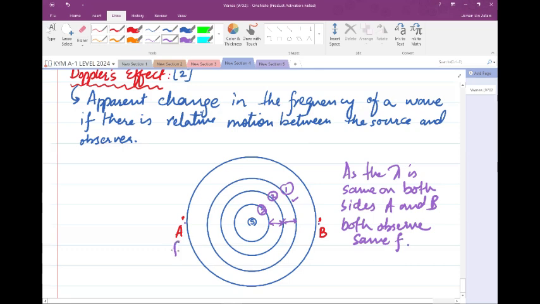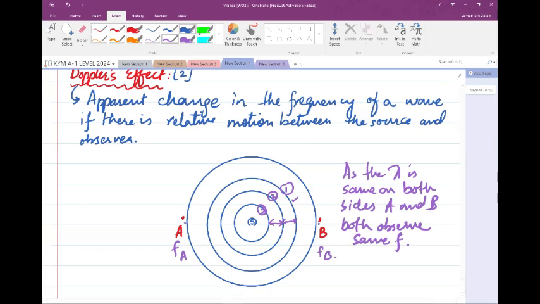That means the frequency that A will detect and the frequency that B will detect is going to be the same. What does frequency mean? It means the number of waves detected per unit time. As the speed of the wave is the same, the wavelength is the same. So they are going to both receive the same frequency at A and at B.